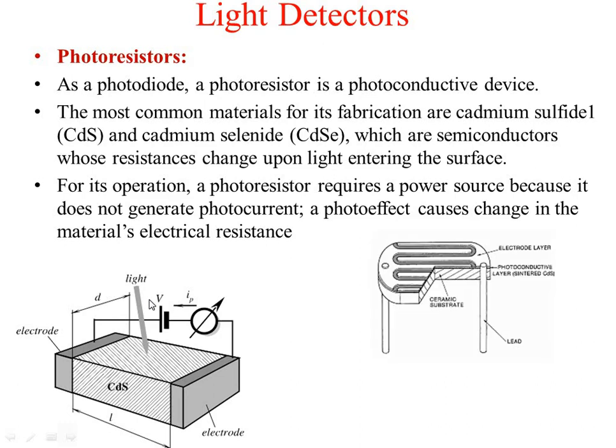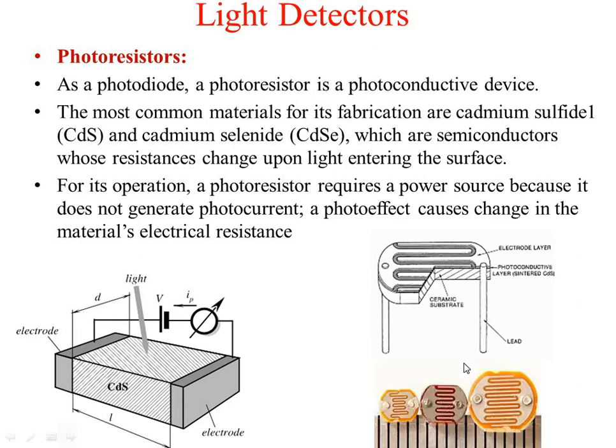The structure looks like this: a serpentine type of structure is kept, and it is a photoconductive resistor sintered, made up of cadmium sulfide, and the electrode layer is there. That electrode layer will have two leads, and between these two leads you measure the resistance.